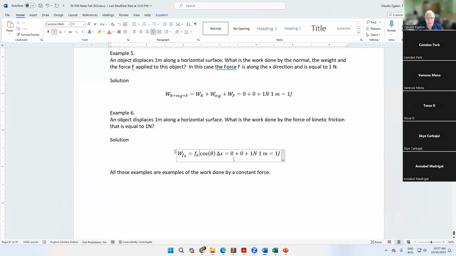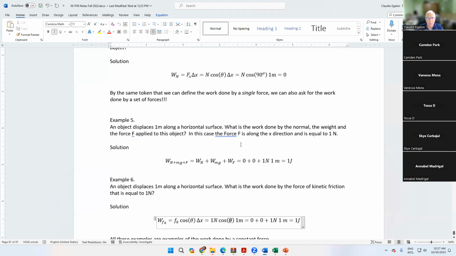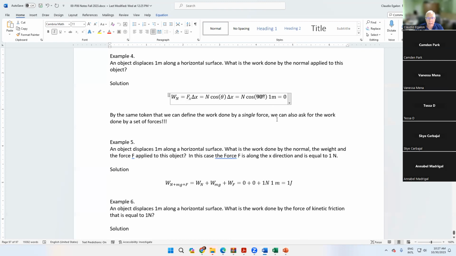And this angle here, look, this angle here is 180 degrees, right? So in this specific case, let's not forget, the force is 1 Newton, I told you here that's 1 meter, and here it's supposed to be 180 degrees.